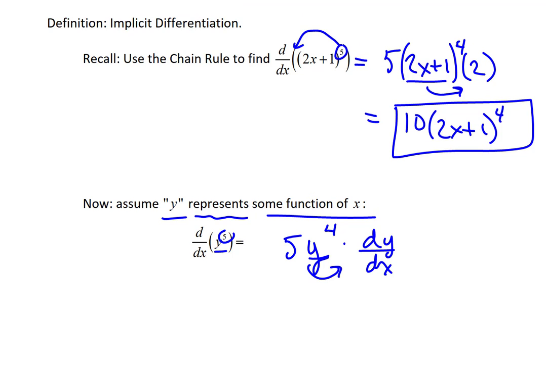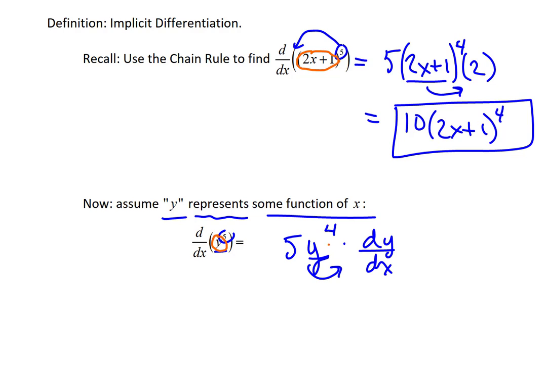If we go back up to the example we just did, the derivative of (2x plus 1) to the fifth, I think it'll help to color coordinate here. So the 2x plus 1 that we had in the previous example, that's like the y in this implicit form. So it was (2x plus 1) to the fifth, now it's y to the fifth in this implicit form.